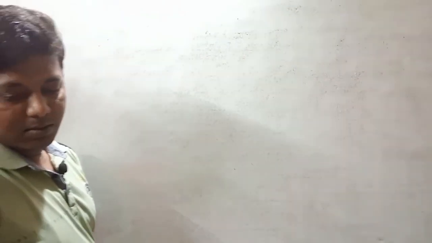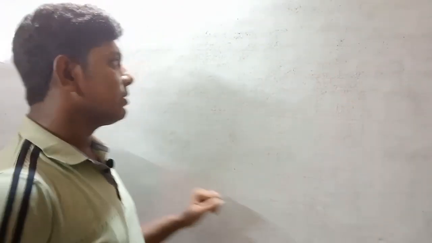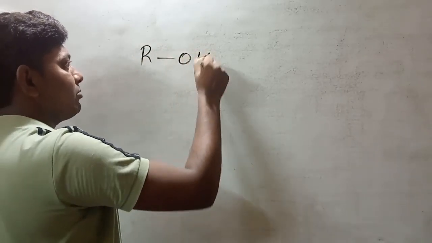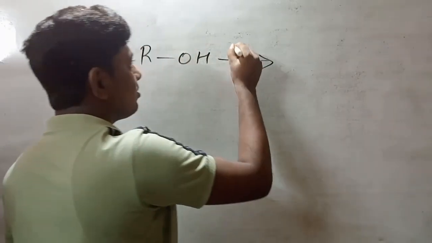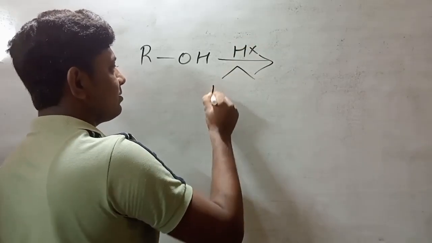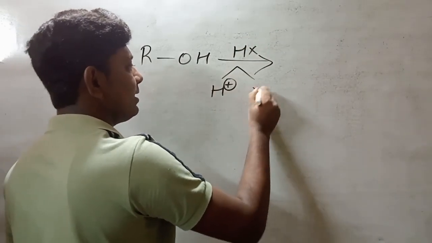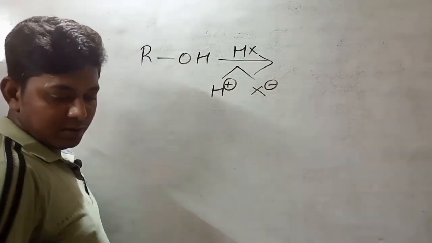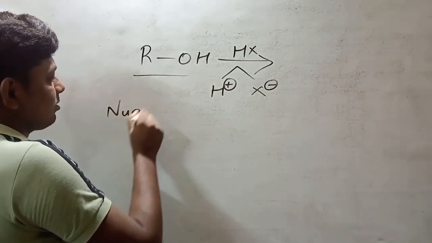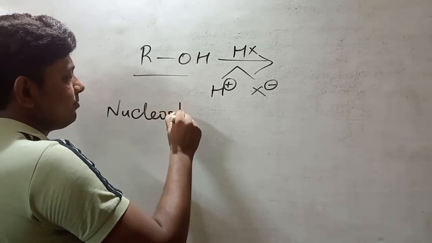According to the process, ROH in the reactions of HX means H positive, X negative. So this is nucleophile.